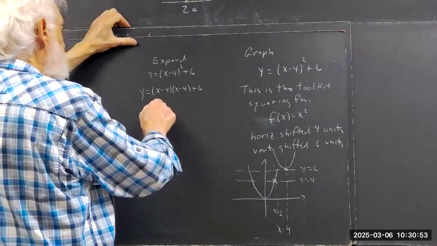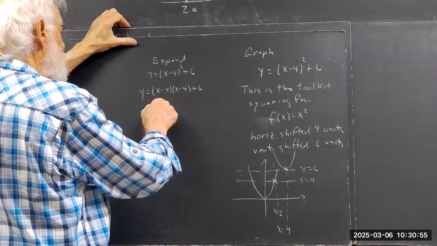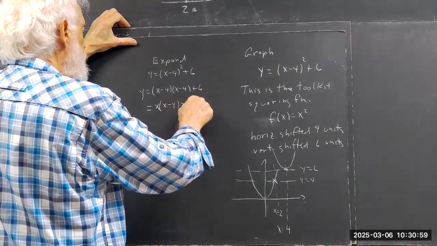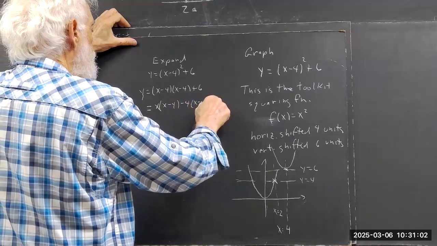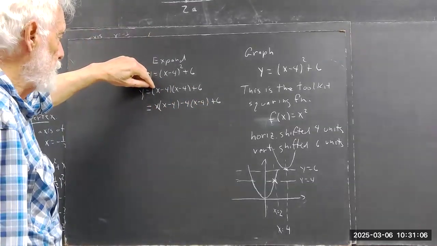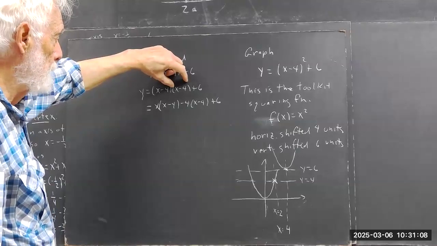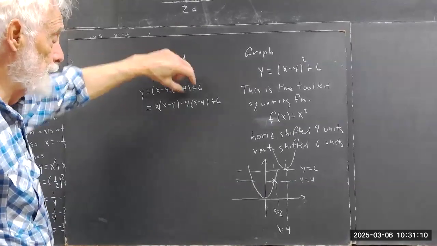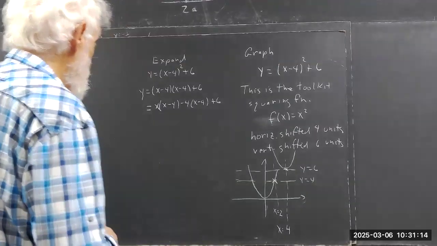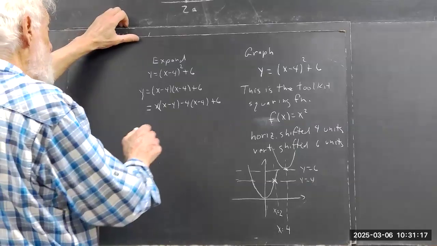And that is, first of all, it's x times x minus 4 minus 4 times x minus 4. That's familiar? That makes sense? It should. It's very important.